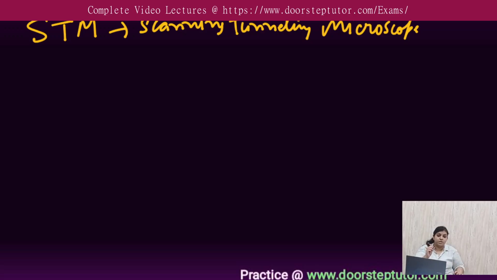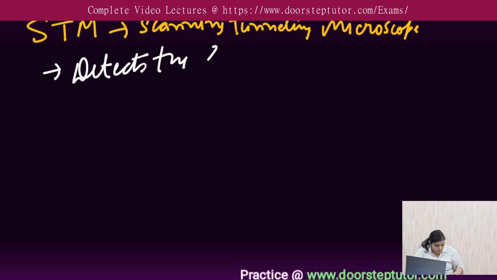It seems to be smooth, but in actual fact there will be some roughness present. So what is the actual topology of this surface? For that, this STM technique is used. It detects the surface topology.